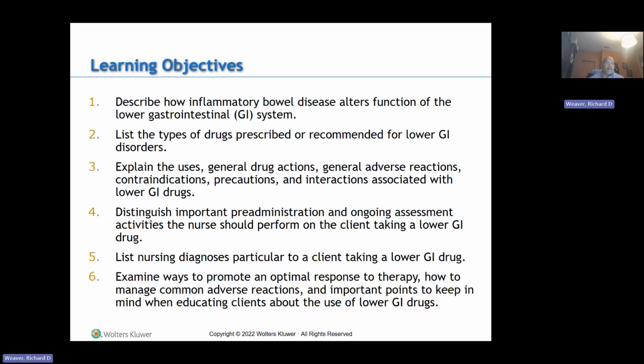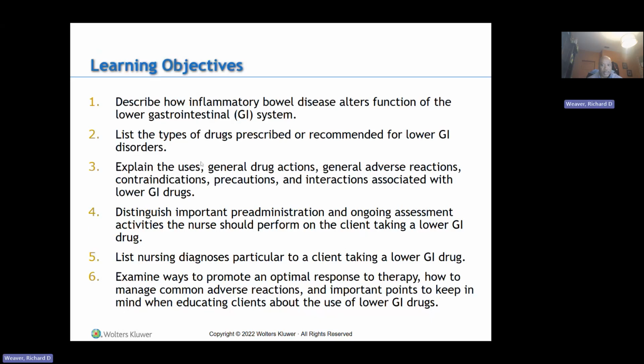As you all should know by now, many of these medications have adverse reactions, and though they can be helpful to the patient, we have to make sure we're managing those adverse effects because otherwise they won't take the medication. So, all right, got that out of the way.